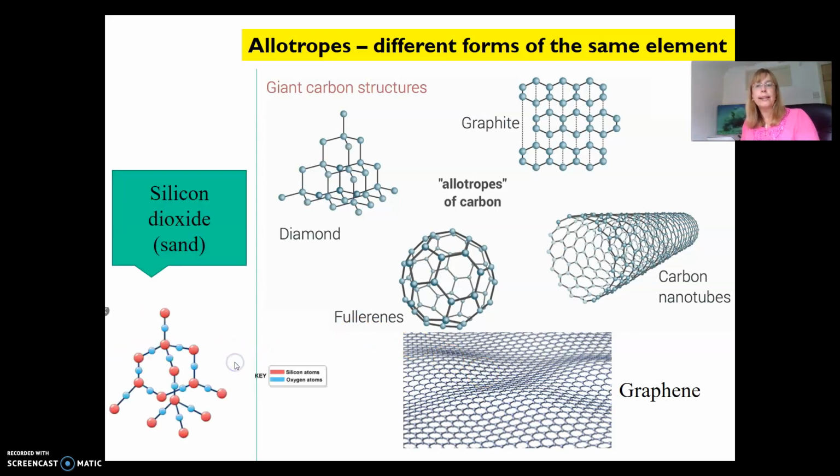But not all giant substances are made out of carbon. Silicon dioxide, which is sand, has this magnificent structure. And you can see the silicon atom has got 4 oxygens attached to it, and each oxygen has got 2 silicon atoms attached to it to get this amazing structure.